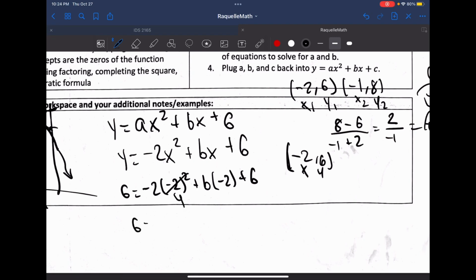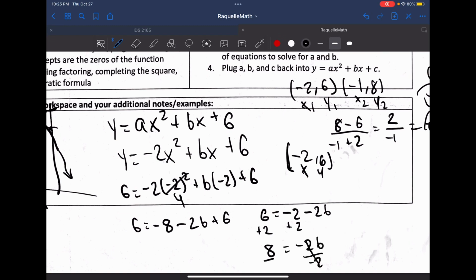So 6 equals -8 minus 2b plus 6. So simplifying, we get 6 equals -2 minus 2b. Add 2 to each side. 8 equals -2b. So then we divide by -2 on each side. b equals -4.